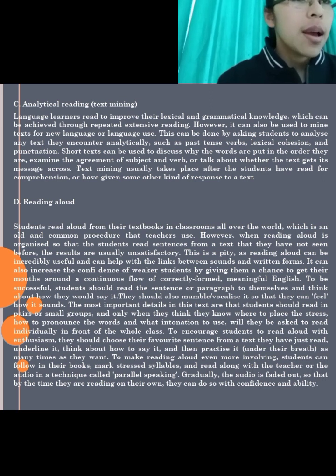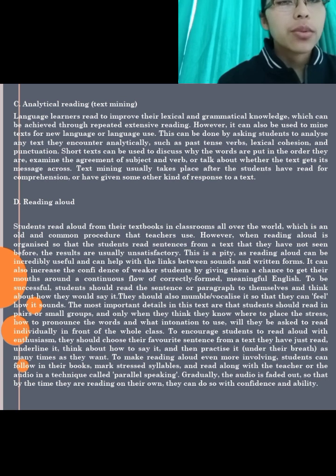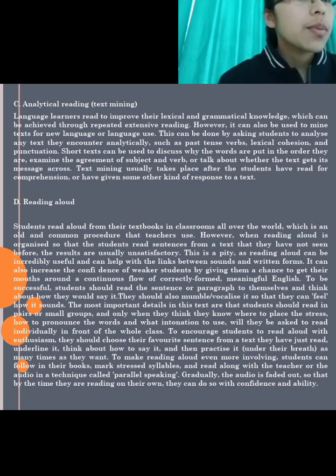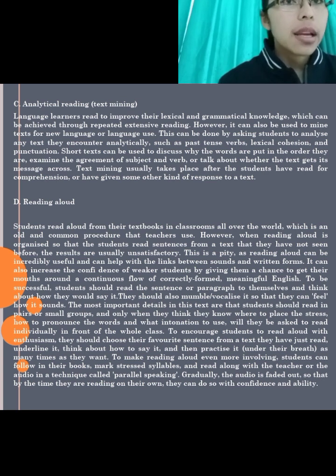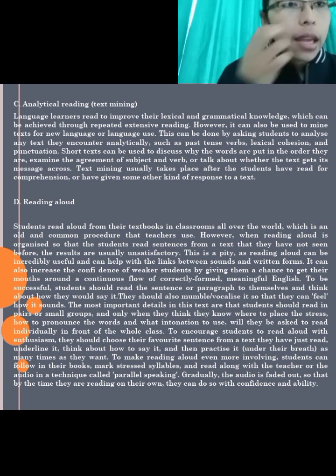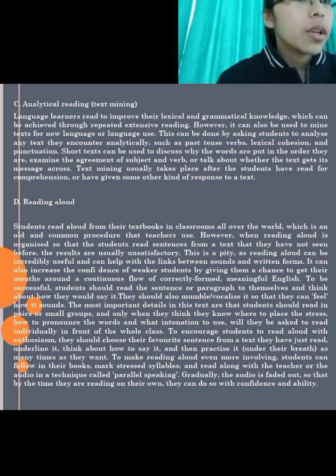This can be done by asking students to analyze any text they encounter analytically, such as past tense verbs, lexical cohesion, and punctuation. Source text can be used to discuss why the words are put in the order they are, examine the agreement of subject and verb, or talk about whether the text gets its message across.